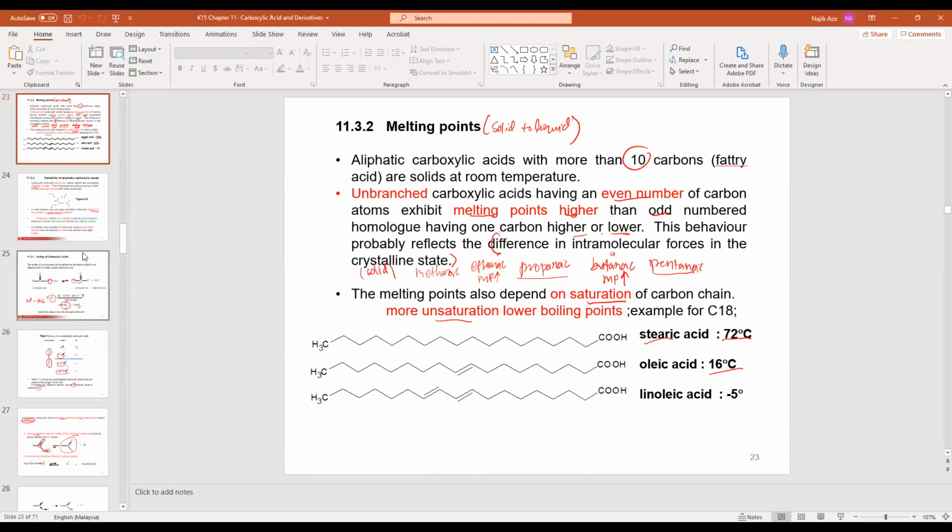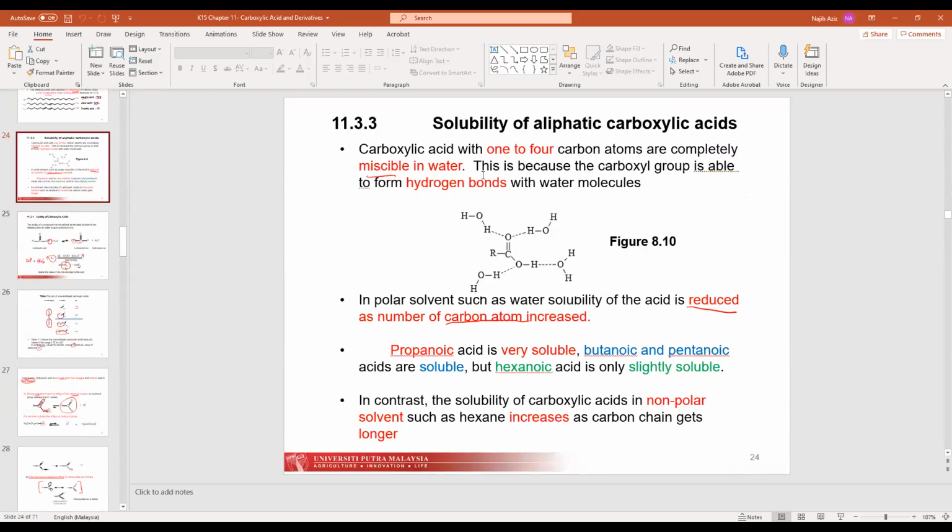Okay, and then next kita ada tengok solubility of carboxylic acid in water. It's very soluble tapi sampai propanoic acid is very soluble, butanoic and pentanoic acid soluble, but starting hexanoic acid they are slightly soluble because of the non-polar part ataupun hydrophobic region in carboxylic acid makin besar kan.